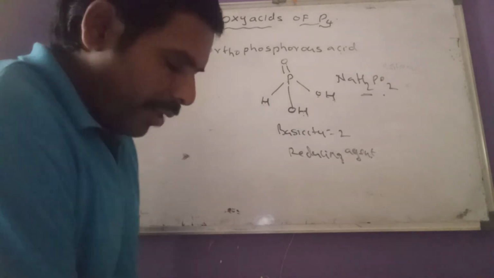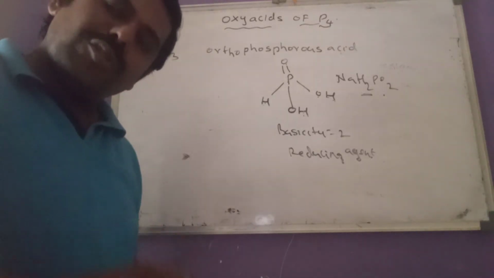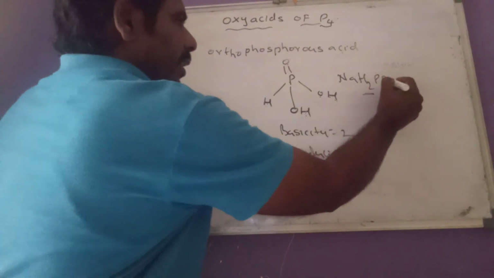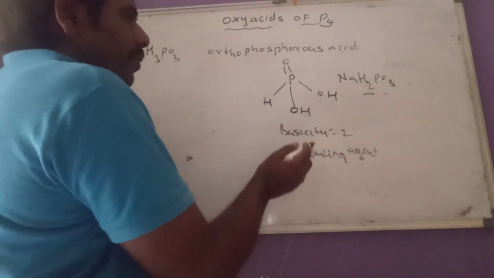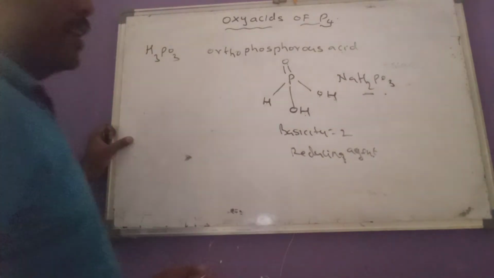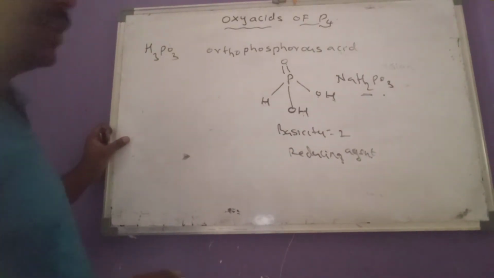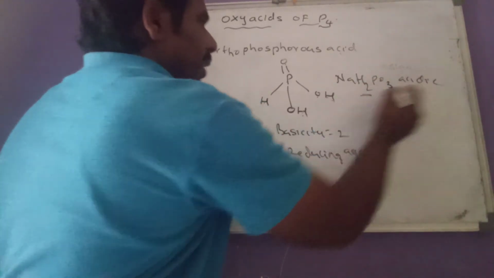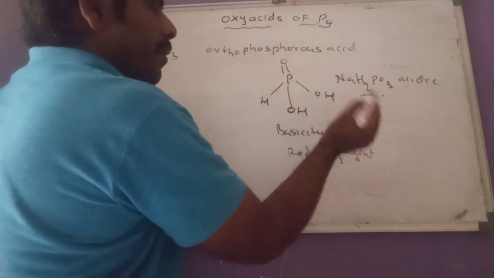So it can form 2 salts. Let us see what those are. First, right here H3PO3. Now, by replacing this hydrogen with sodium, we can get NaH2PO3, and this is an acidic salt because it can still donate another H plus ion.